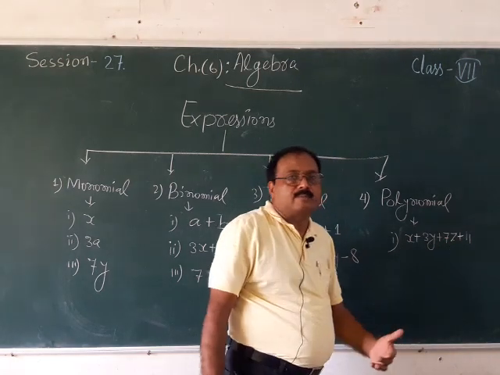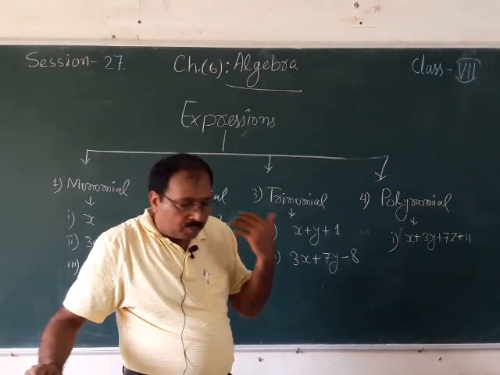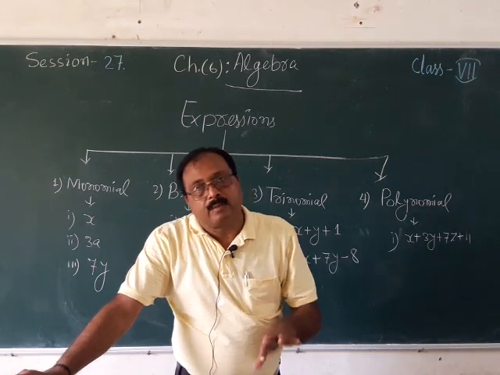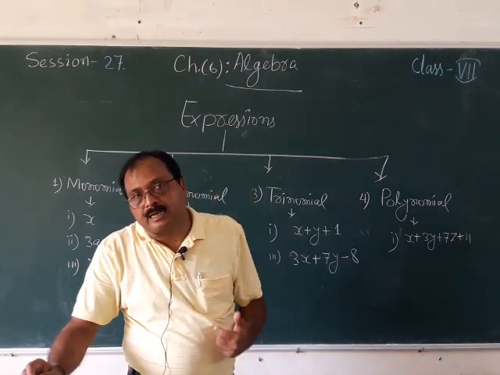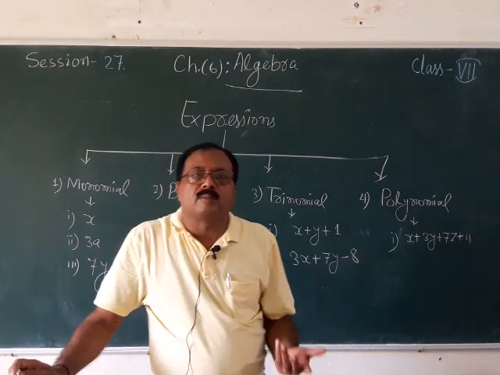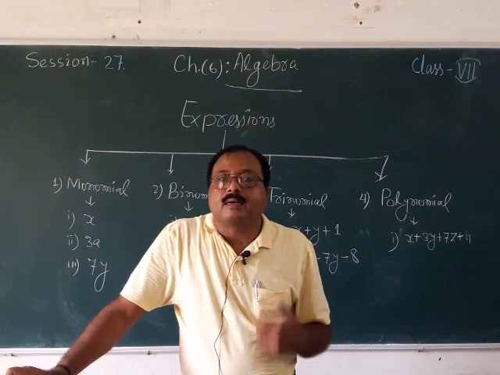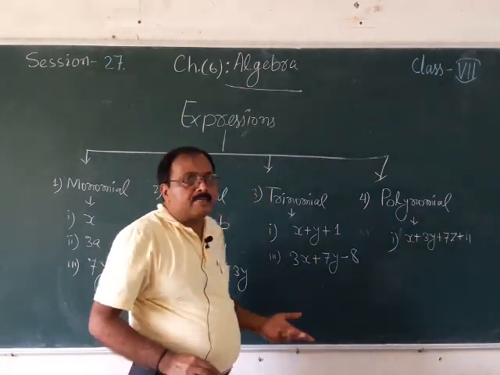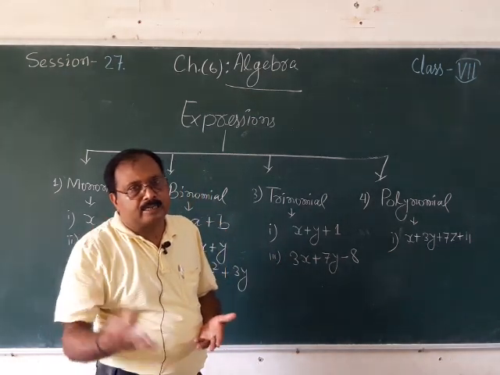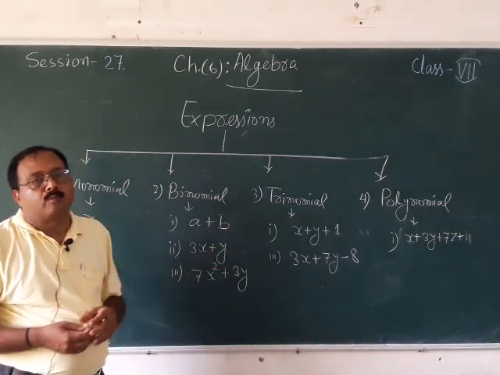If four terms are there, you can say quadrinomial. But if more than four terms are there, you can say polynomial. So if any expression has more than 3 terms, you can name it a polynomial.